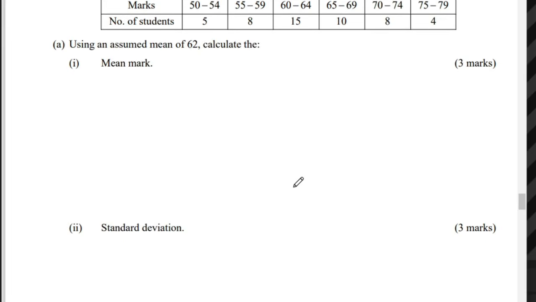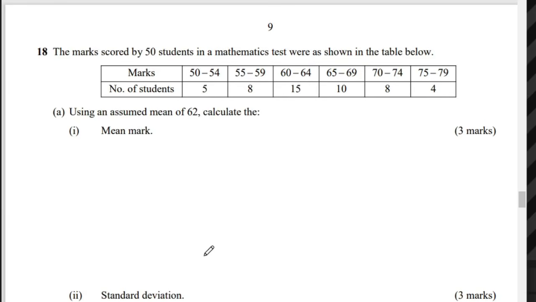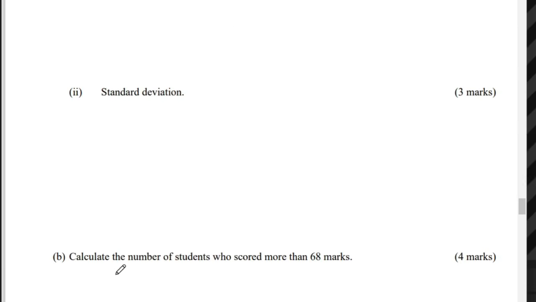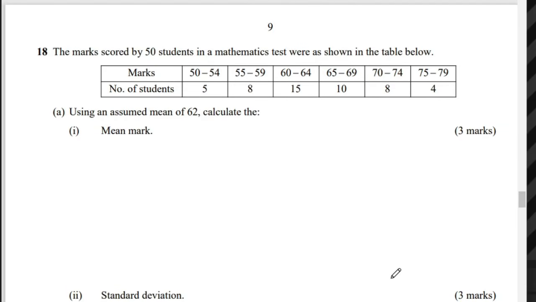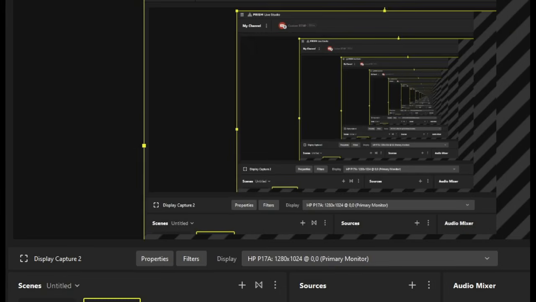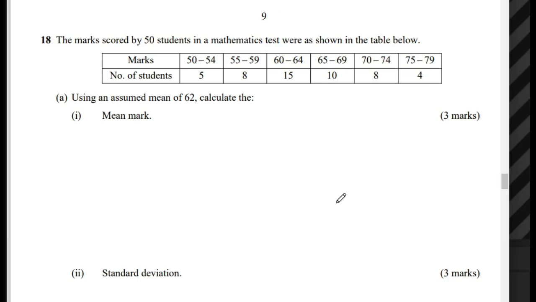Number 18 is statistics: mean, standard deviation, and calculate the number of students who scored more than 68. Number 18 is the statistics topic, using the assumed mean, you need now to calculate the mean.